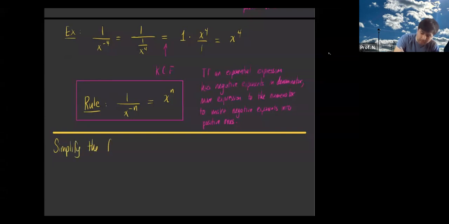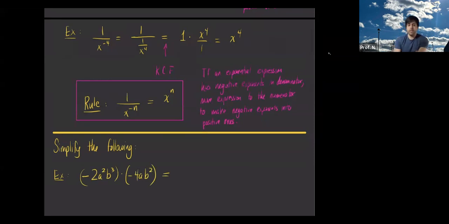Simplify the following. So if I have an example here where we have negative 2a squared b cubed multiplied by negative 4ab squared, I want to know what the result of multiplying these two monomials is.